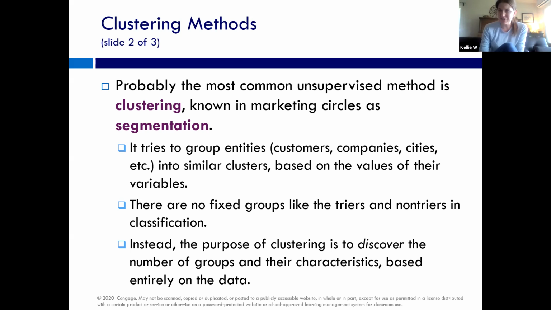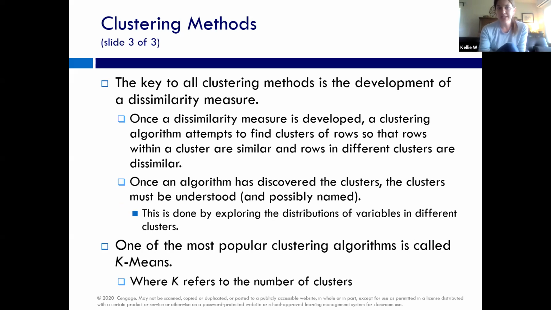We're just trying to discover how many groups there might even be and what their characteristics are just based on the data. The key to this is development of a dissimilarity measure. Once we have that, the algorithm tries to find clusters of rows so that the rows within a cluster are similar and the rows in different clusters are dissimilar. And once it's figured that out, we have to explore the distributions of variables in different clusters to figure out what those clusters are and to name them.